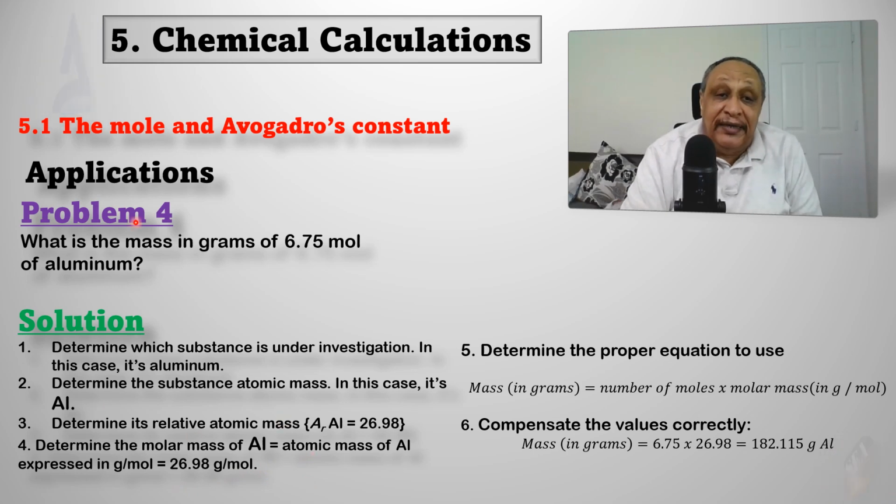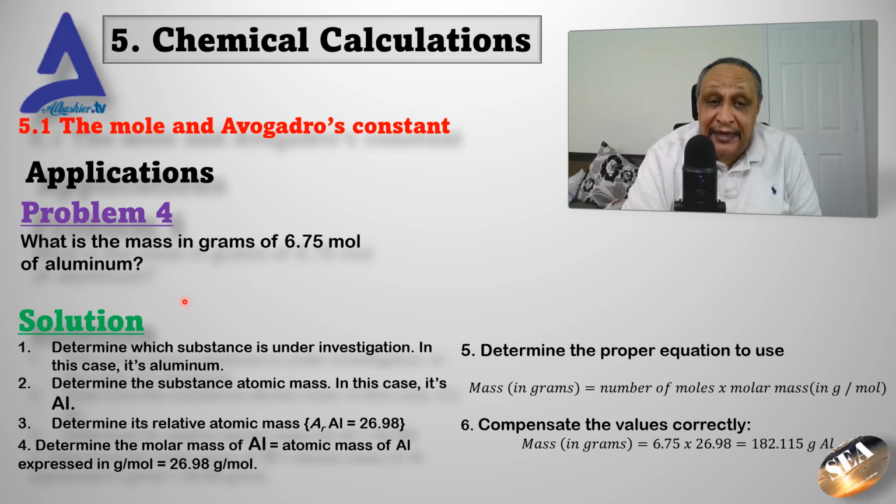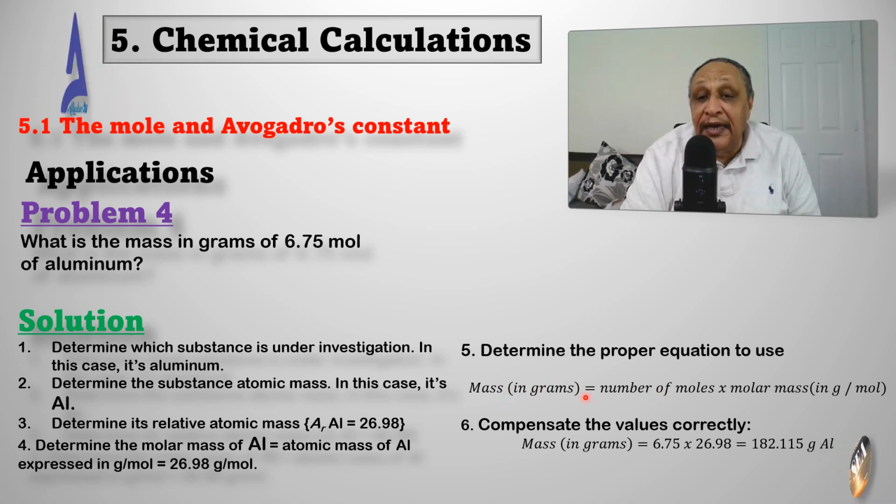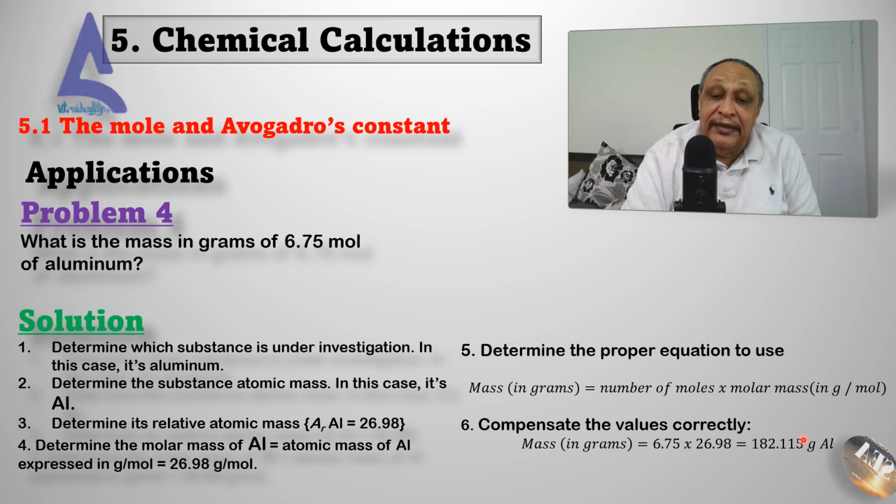Now, what is asked, what is the demand of this, is the mass in grams. So the mass in grams equals the number of moles multiplied by the molar mass in gram per mole. Then compensate the values correctly.